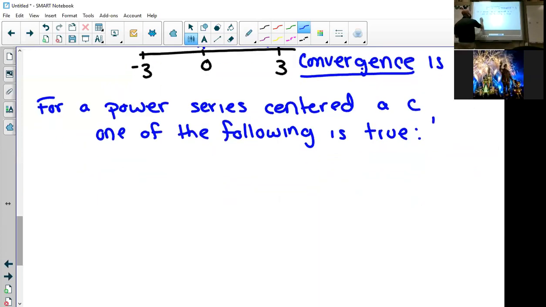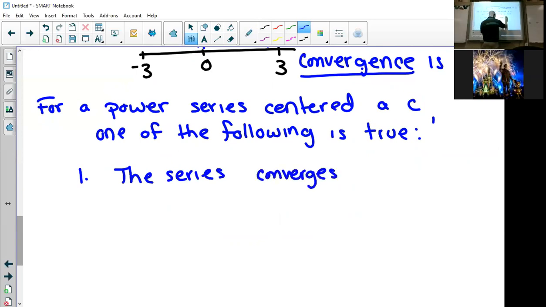One, the series converges only at C, the center.